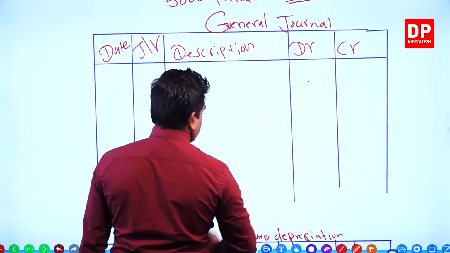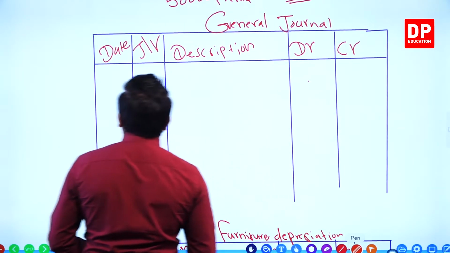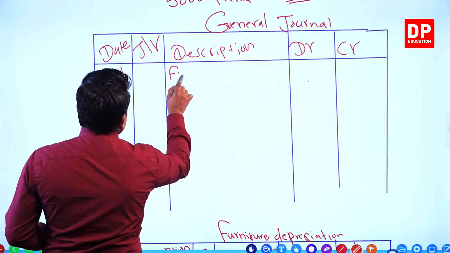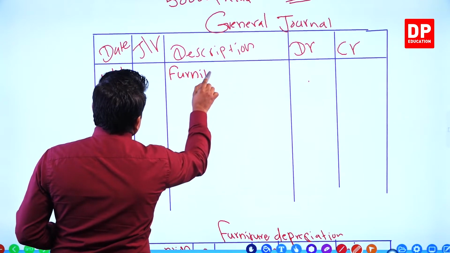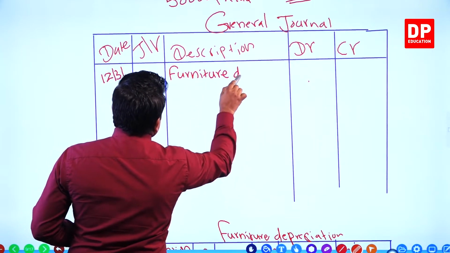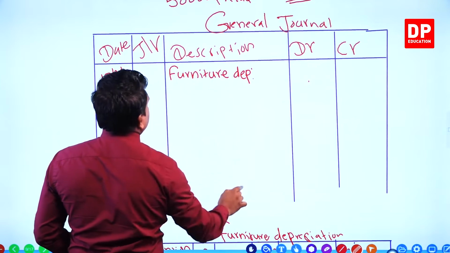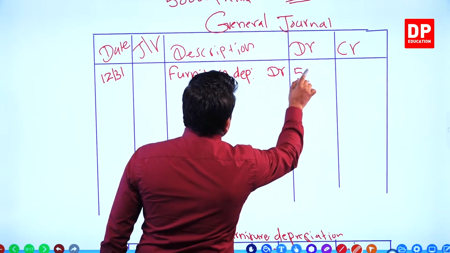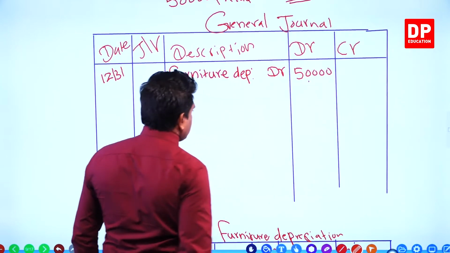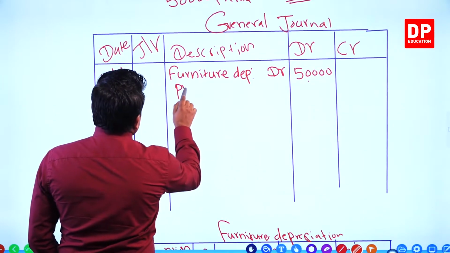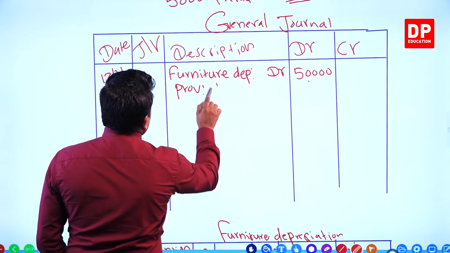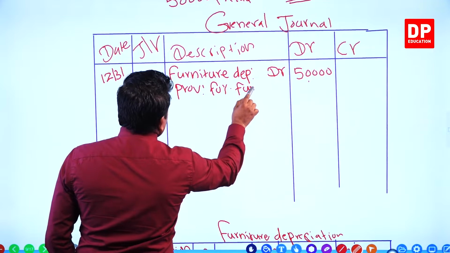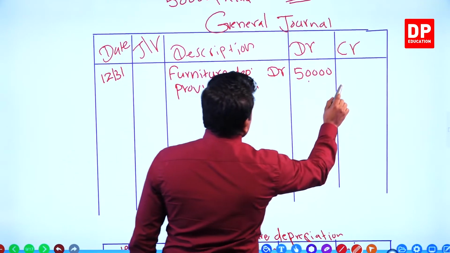Then you can write this double entry in the general journal. How do we write? 12/31. You write furniture depreciation account, debit 50,000; provision for furniture depreciation account, credit 50,000.